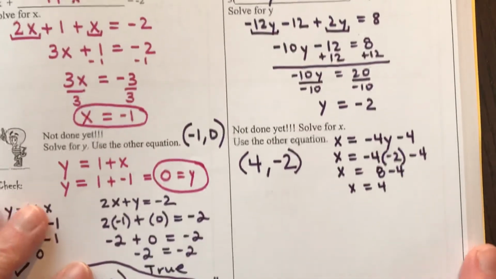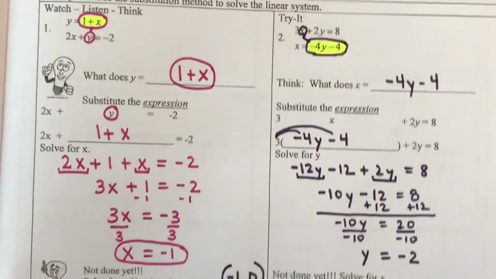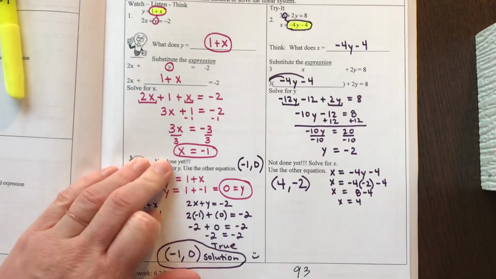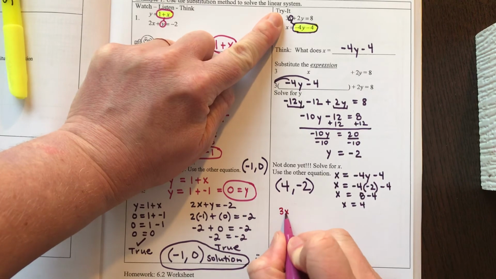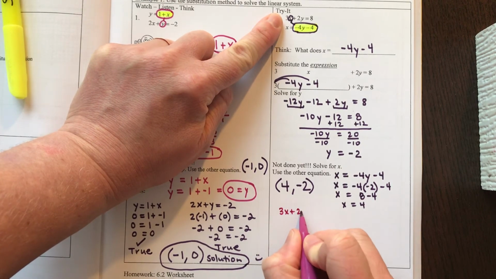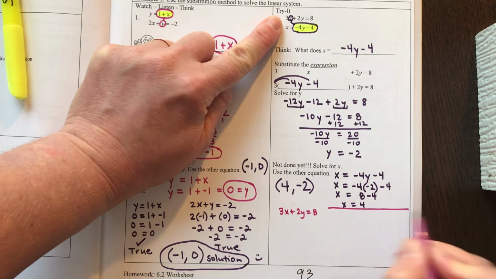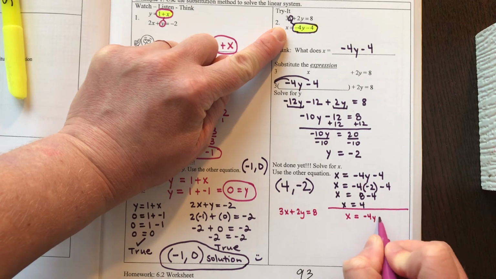Now I'm going to check my work with the two solutions that I had at the top of this page. So I'm going to copy these two functions down here at the bottom for my check. I have 3x plus 2y is equal to 8, and my other function here was x equals negative 4y minus 4.